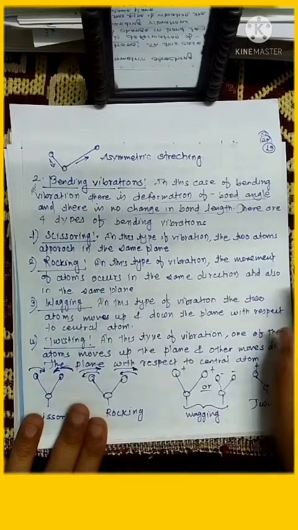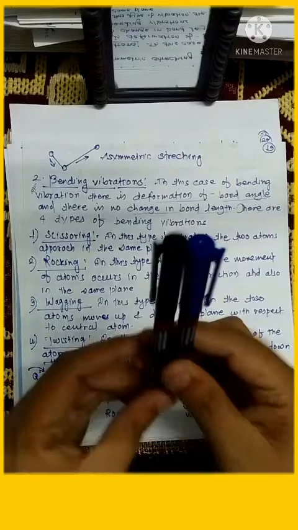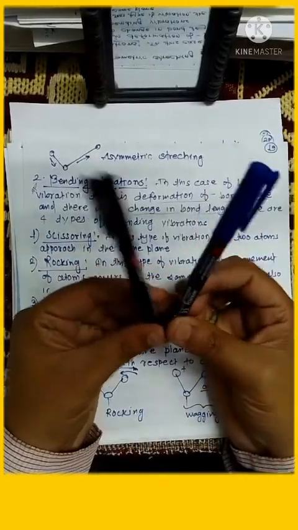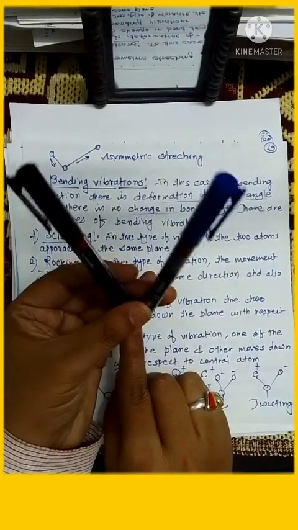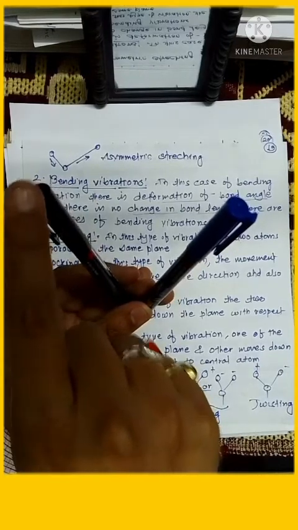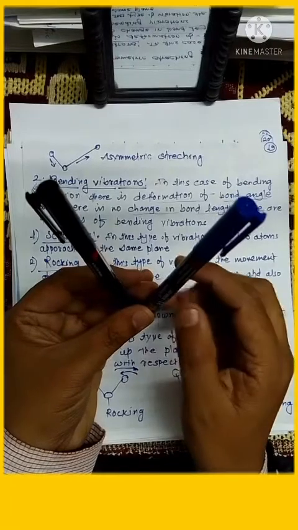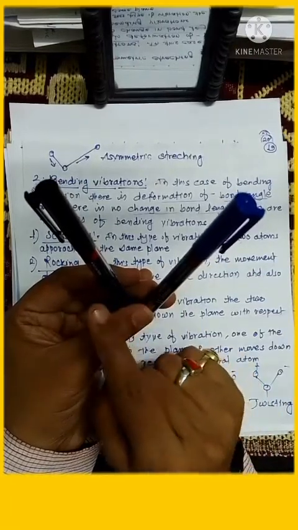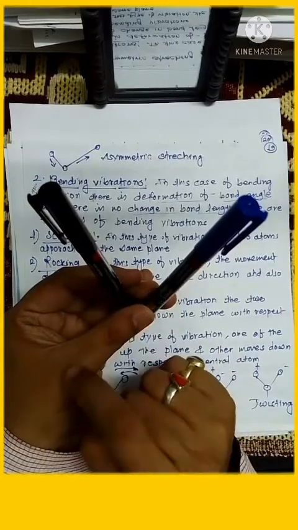scissoring. Now what is the meaning of scissoring? Just see, if this is your ozone molecule, this is the central oxygen, this is the second oxygen, this is the third oxygen. Now when I go for scissoring motion, just see what happens with the bond angle.